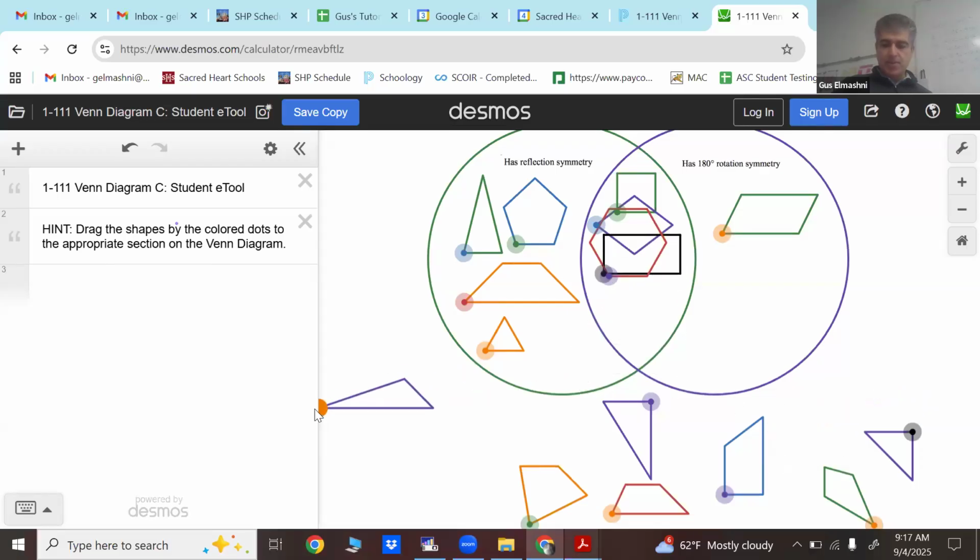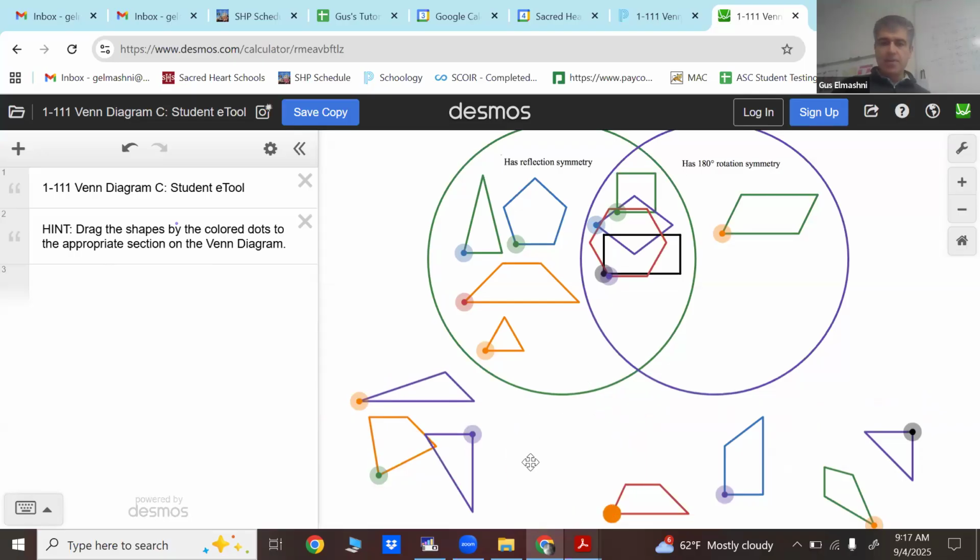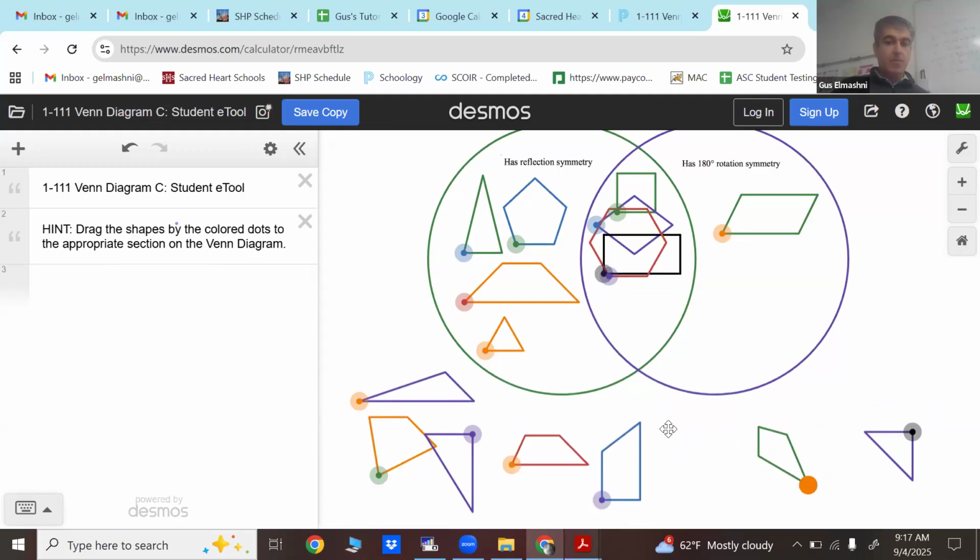That's not special. That's not special. That's not special either. That's not special. That does have reflection symmetry. That should have reflection symmetry.